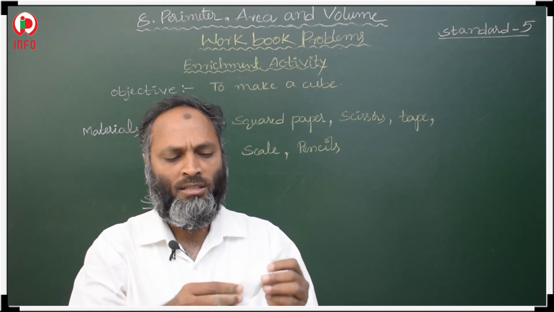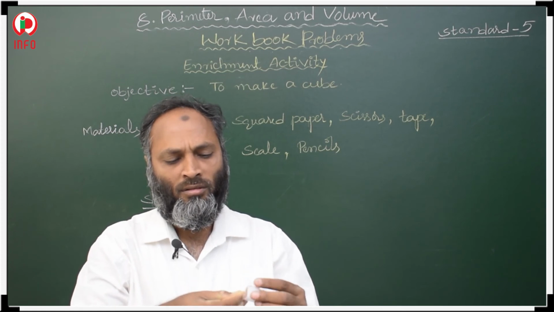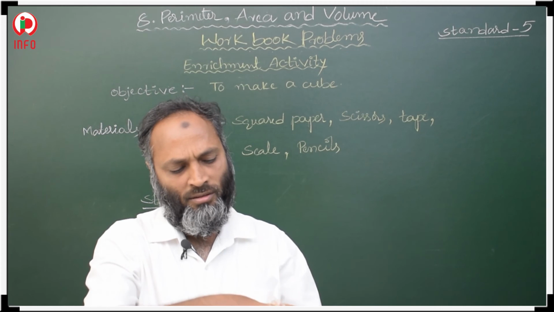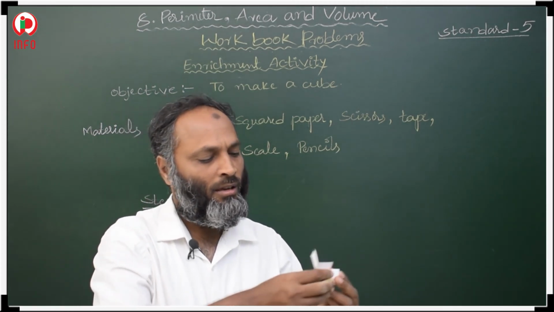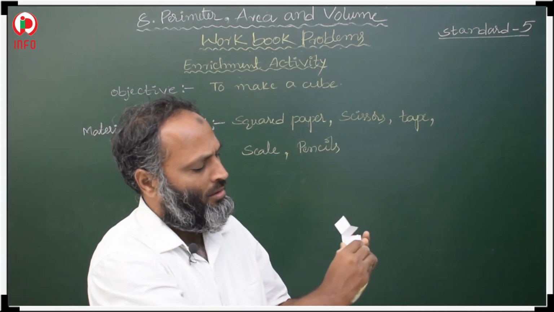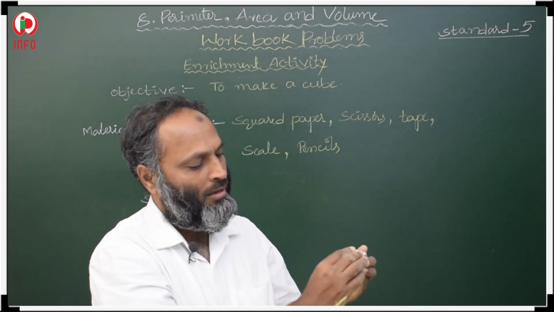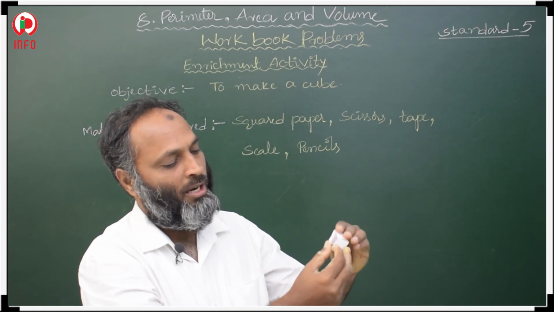Like this, fold your squares. So from here till here we prepared a square. Then after that you prepare like this. Then in this also we can prepare a cube.